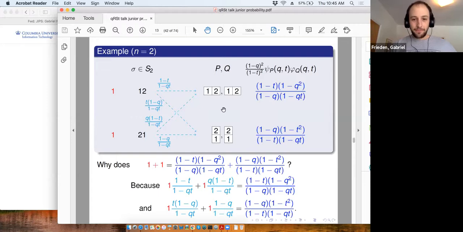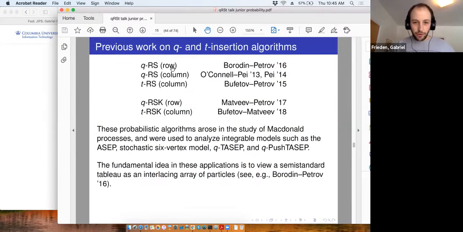So in general, the qRS row algorithm of Borodin and Petrov works like that: you always insert into the first row, but then if something gets bumped, it can either stay in that row or move up to the next row. And the column one is a little different, actually.